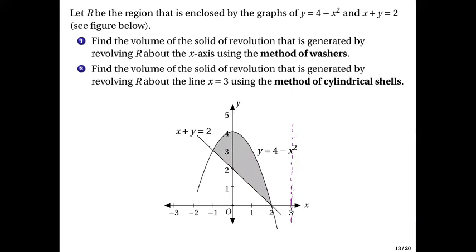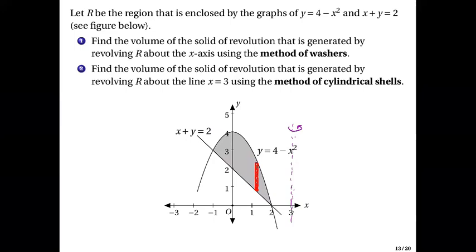The method of cylindrical shells, the strips we're going to use should be parallel to the axis of revolution. So this is the axis of revolution, which is vertical. Strips will still be vertical. So just like before, all throughout, the above function is your parabola.